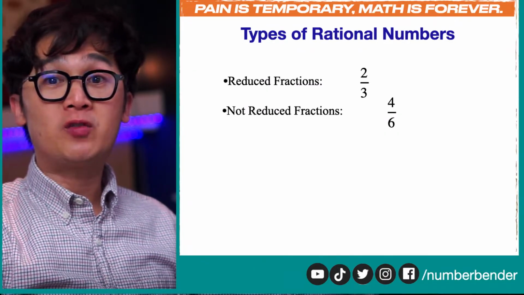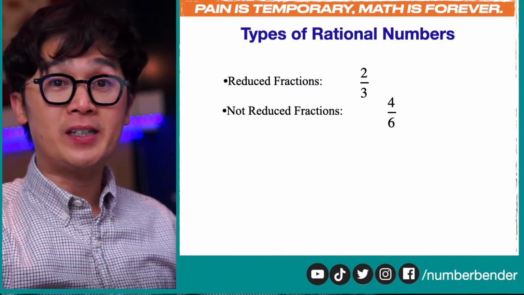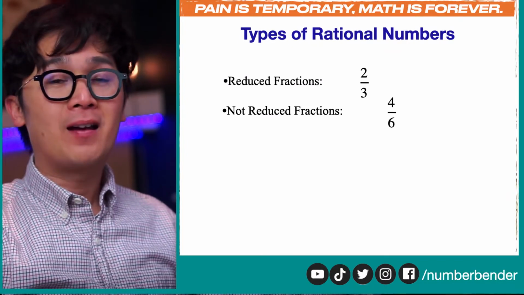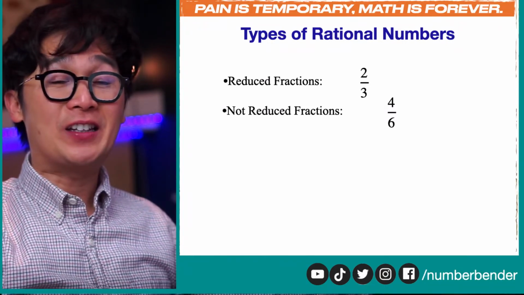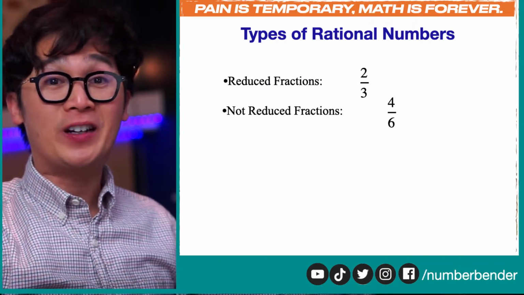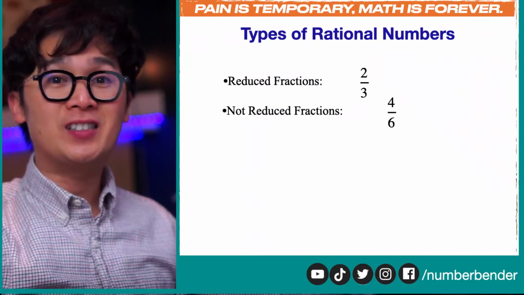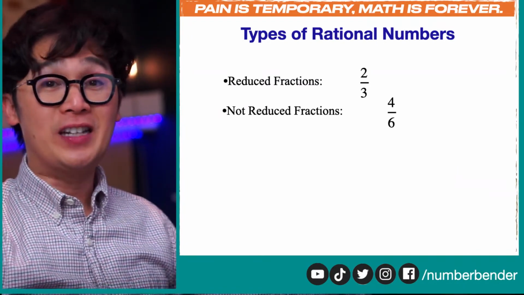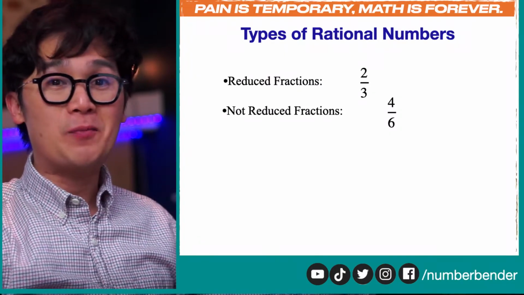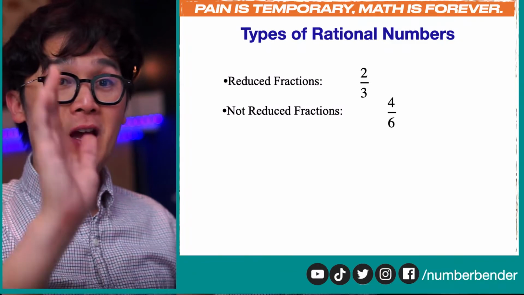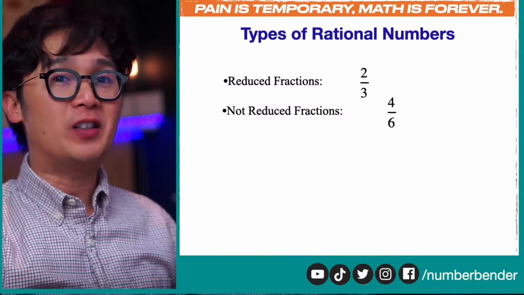This is not reduced because 4 over 6 can be simplified into 2 over 3. How we perform operations on fractions is a different lesson. But 4 over 6, by factoring, is 2 times 2 over 2 times 3. We cancel out the 2's, so we are left with 2 over 3.